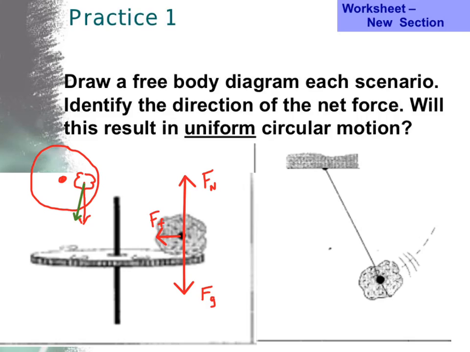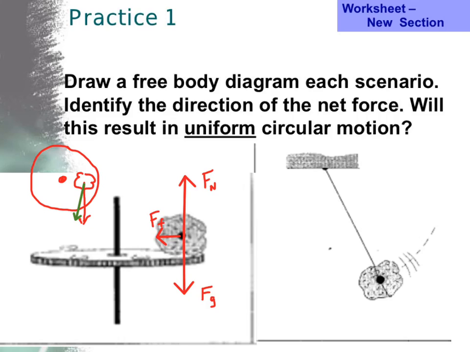So if we are somebody who is sitting on this disk and we're firmly planted on it, as we continue to turn, we're actually going to see this rock move away from the center of our circle. It's hard to illustrate with just still pictures, but as I continue to go in this direction, and remember, I'm a person on the disk, I'm going to see this rock moving farther and farther away from the center.